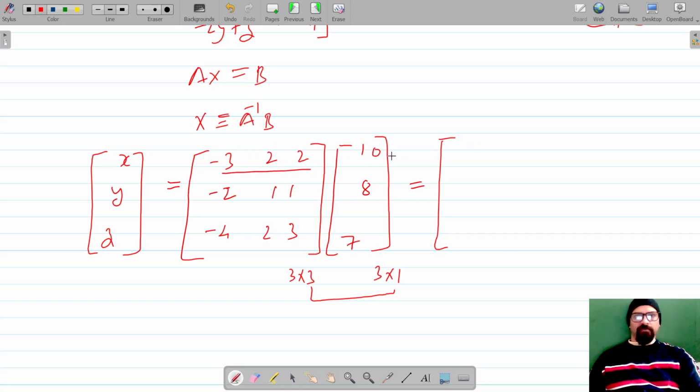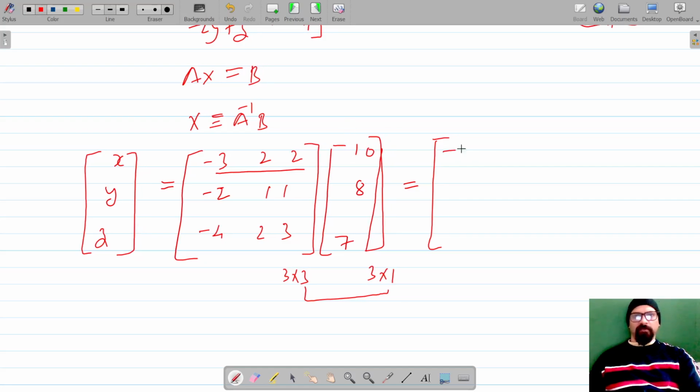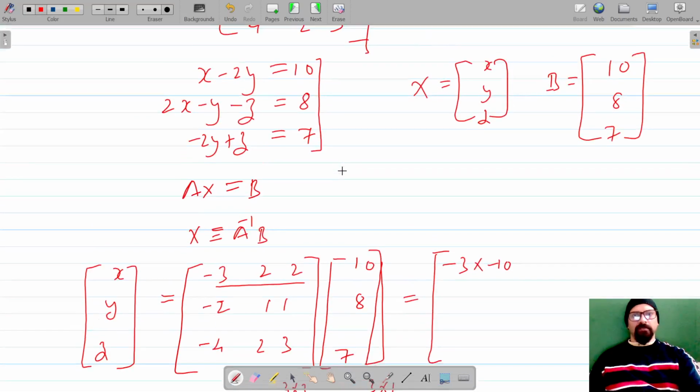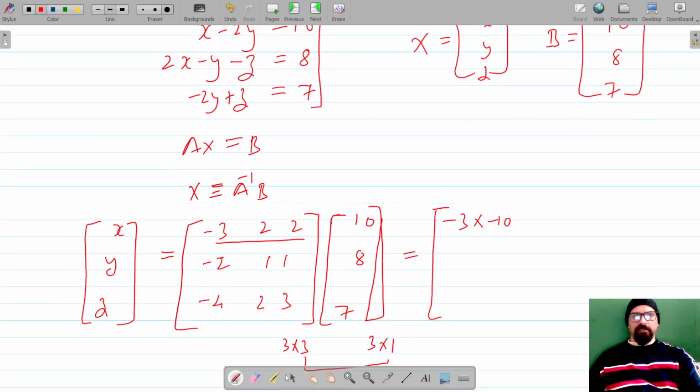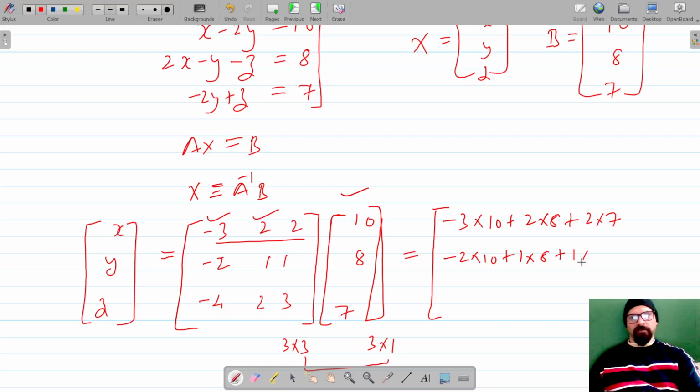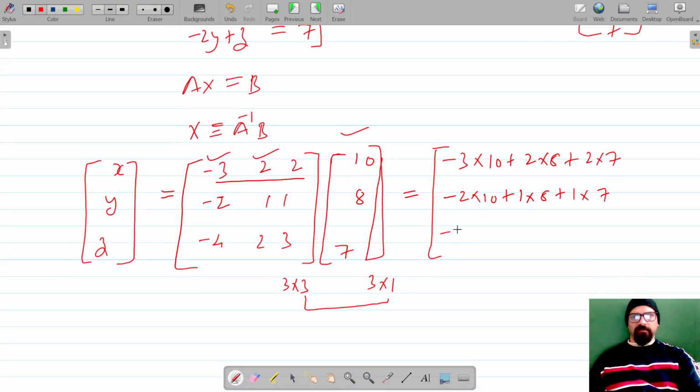So first row with all the column elements of B. So this is negative 3 into 10. 3 into 10 plus 2 into 8 plus 2 into 7. Next row minus 2 into 10 plus 1 into 8 plus 1 into 7. Next is minus 4 into 10 plus 2 into 8 plus 3 into 7.